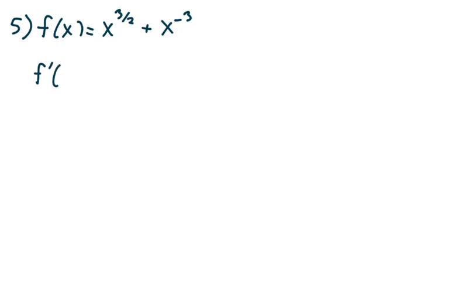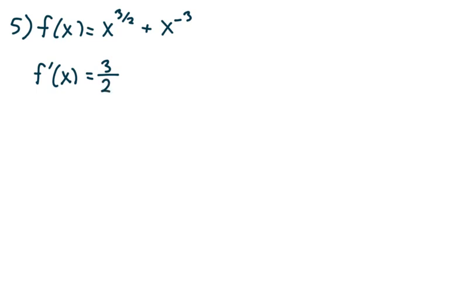If we take a look at example 5, we have the following. f of x is equal to x to the 3 halves plus x to the negative 3. So f prime of x is differentiating term by term.